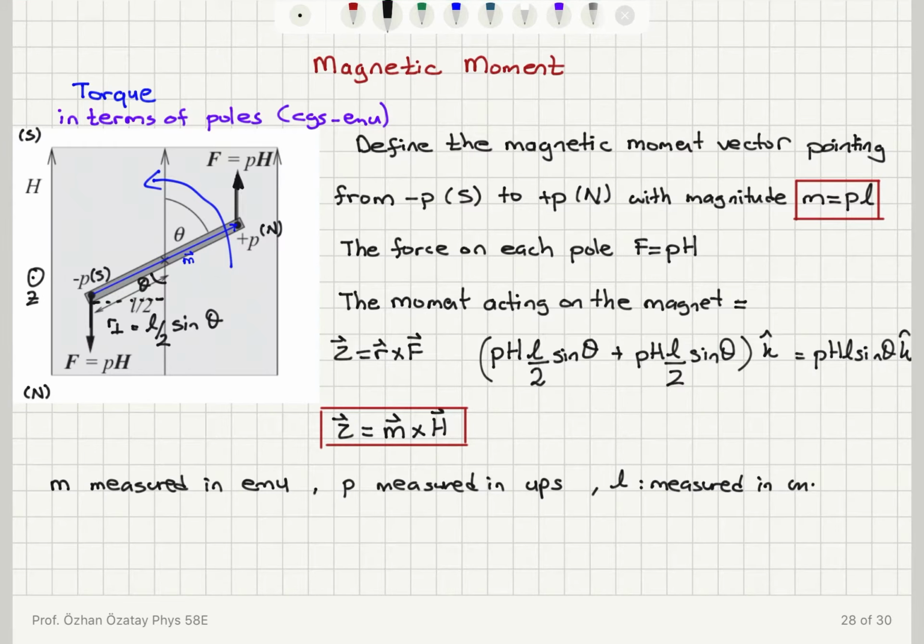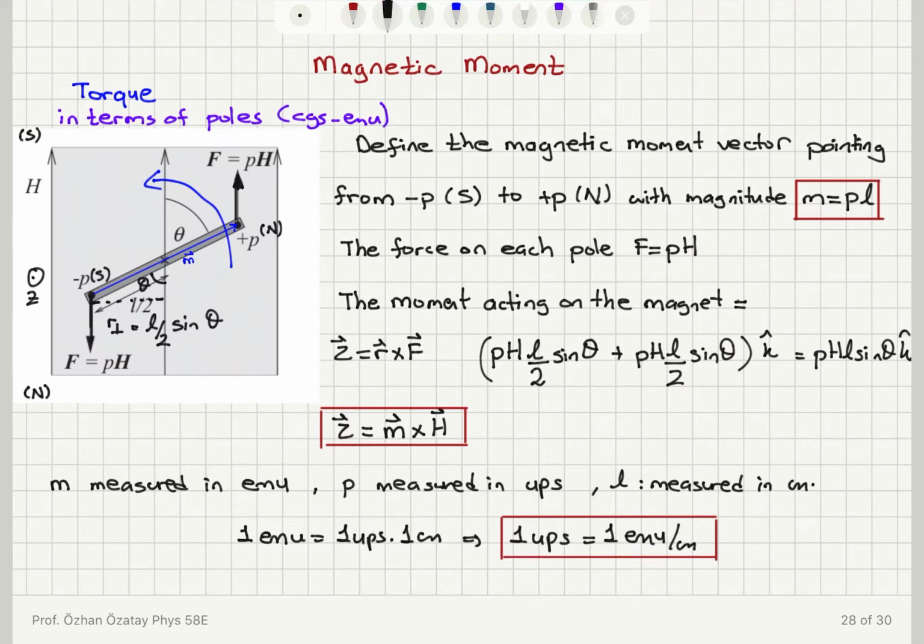So we find that 1 EMU is 1 unit pole strength times 1 centimeter. So you can see that 1 unit pole strength can be called EMU per centimeter.